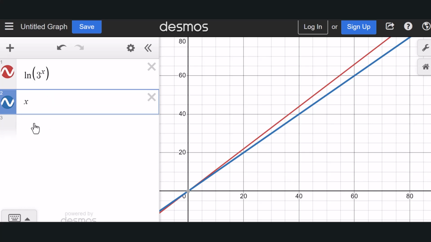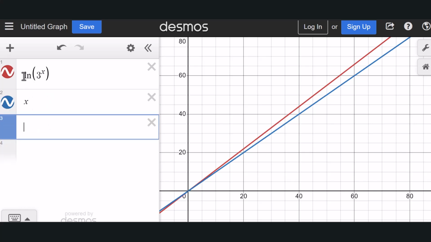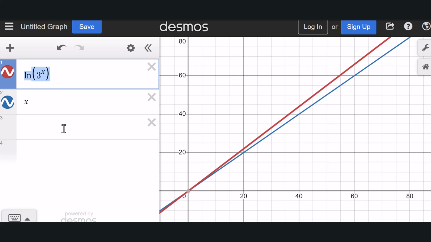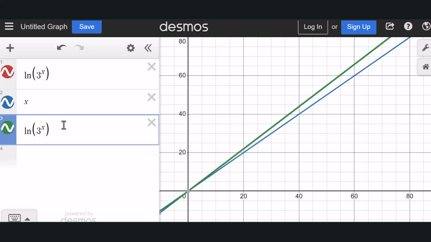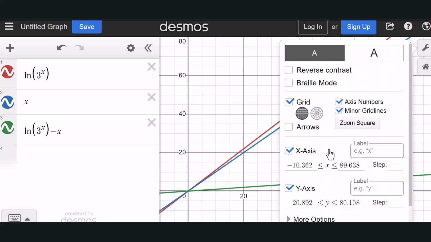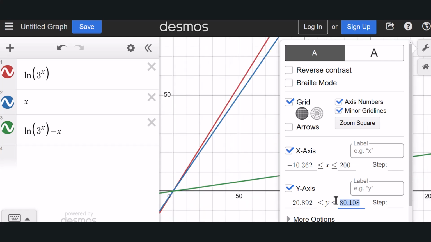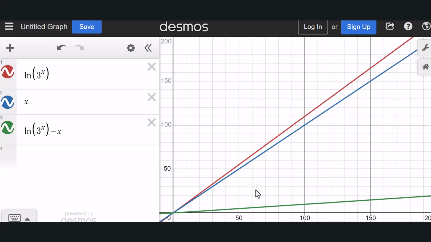If we look at the difference of the two, so minus x, there's the green graph, and that also appears to be rising. Let's look at the pattern a little more. Let me go to 200 here and 200 here as well. Yes, that seems to be increasing throughout. So my guess is it goes to infinity, but let's verify it analytically.